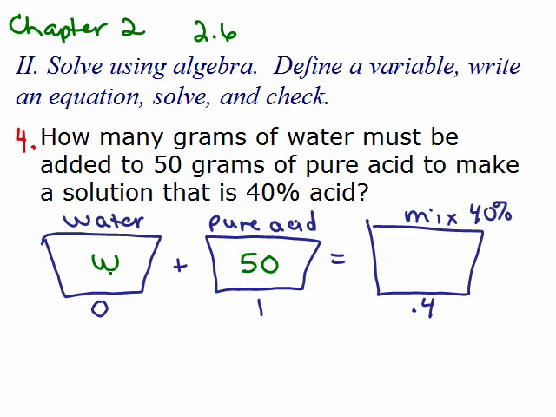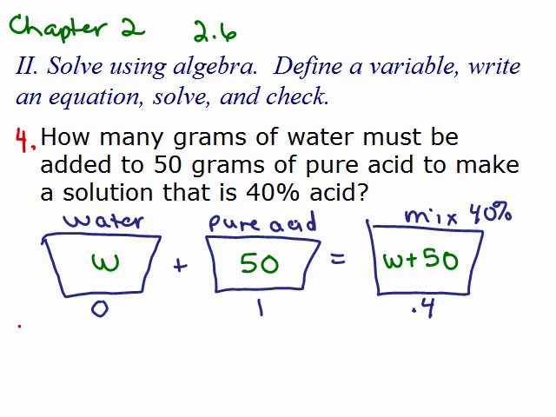So I've got W grams of water plus 50 grams of acid. If we're pouring them together, we're just adding W plus 50. We're not concerned with how much acid is in there, just how much liquid is in each of the containers.